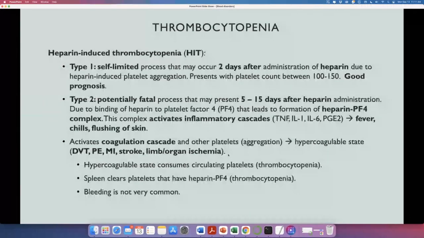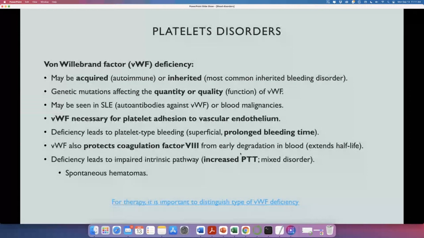Okay? Let's say we have a patient that is bleeding, and we are going to study in detail the von Willebrand factor deficiency. Okay, but also we are going to mention some other conditions that are very rare in the clinical practice, but may be common in the exams.